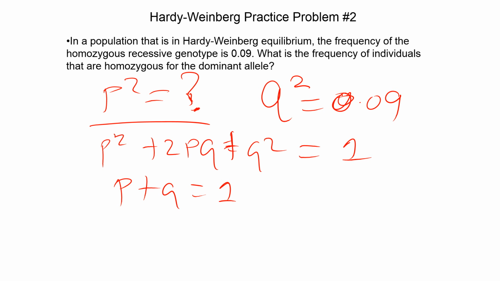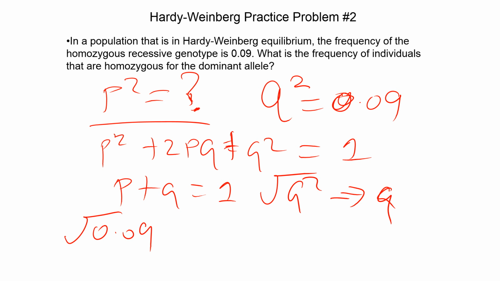How do you go from q squared to q? All you do is take the square root of q squared, and that gives you q. So here we can take the square root of 0.09, and q will then equal 0.3.